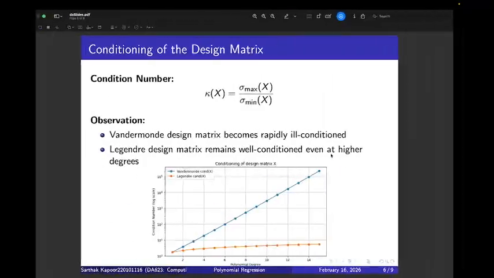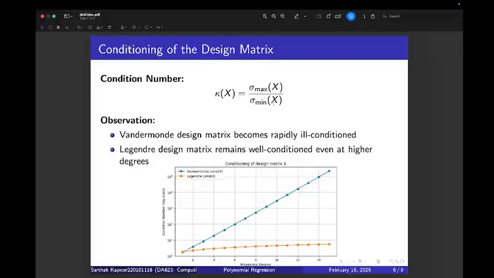When you talk about the conditioning of the design matrix, the condition number is defined as sigma max, the maximum singular value, over sigma min, the minimum singular value of a matrix. What the condition number effectively tells us is how much amplification of error is done by this matrix itself. As you can see, we have two design matrices, the Vandermonde design matrix as well as the Legendre design matrix.